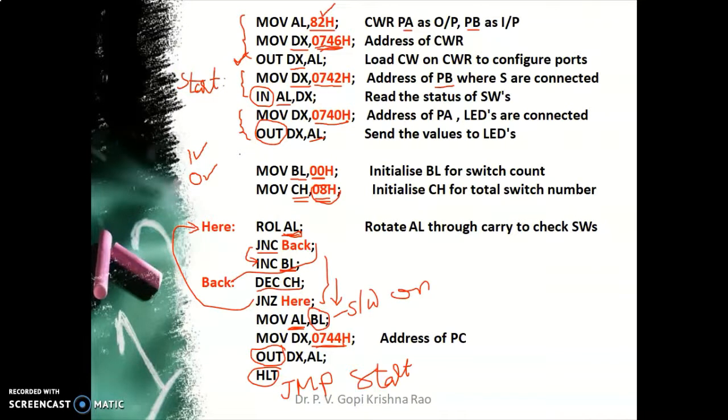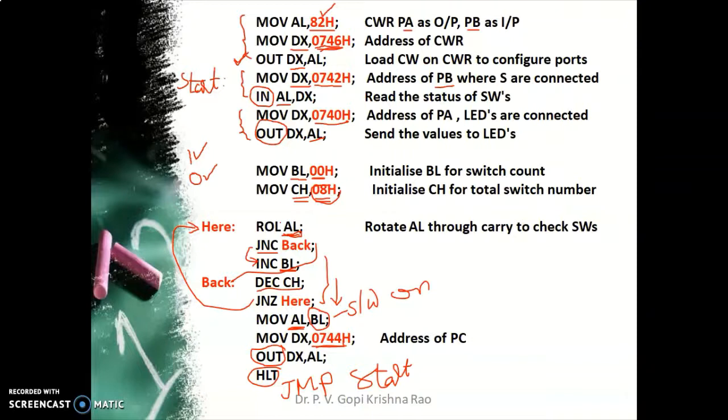So what are the things that we need to consider in programming? First, configure the ports. Next, read the ports and send the value to update. The next step was identifying how many switches are on. For that we just put a simple loop of rotating through carry, and if the carry is set, the counter is incremented.